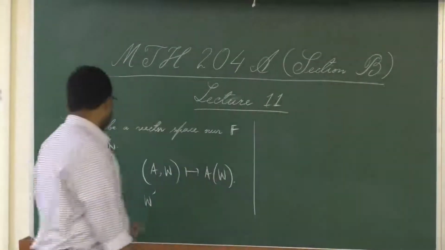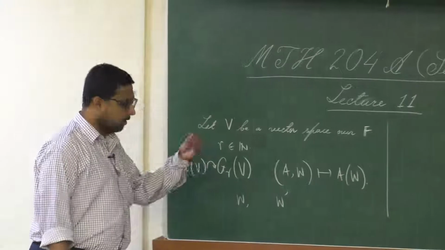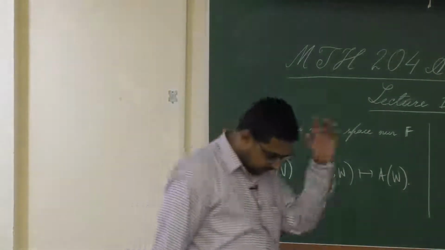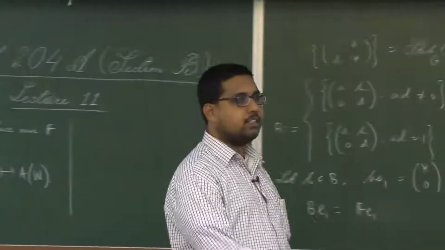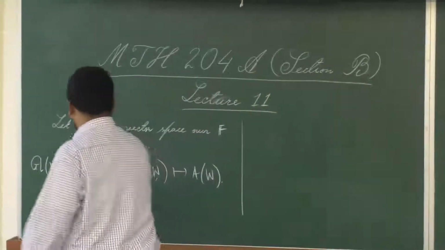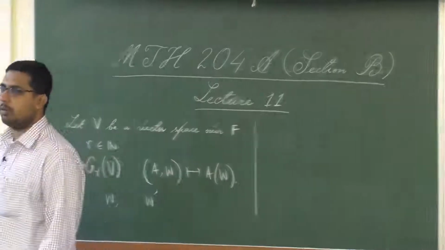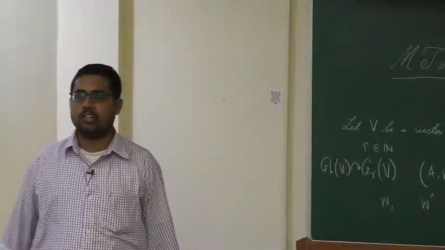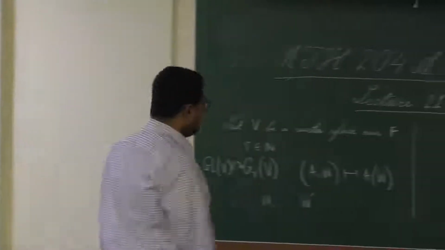Okay, so irrespective of whether V is finite dimensional or infinite dimensional, we can see that there is an invertible linear map that sends W to W prime. So therefore this action is actually transitive.